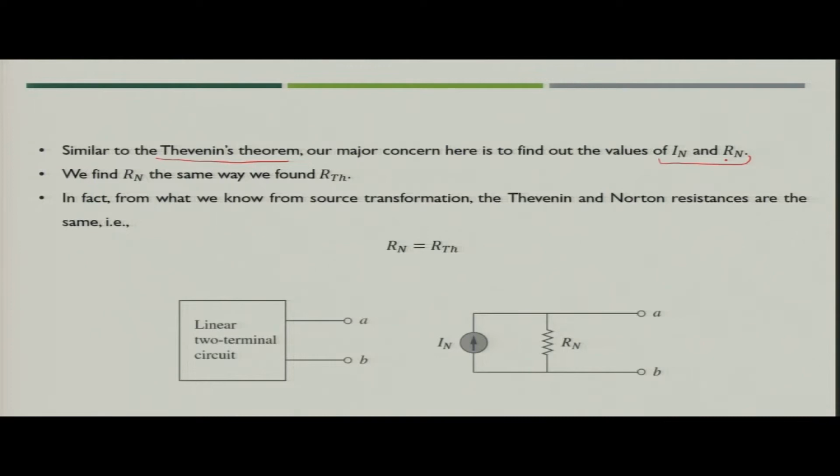Now let us understand Norton's theorem from the linear two terminal circuit. This is a known linear two terminal circuit, and we need to find the Norton's equivalent of this circuit at terminals A B. If you recollect Thevenin's theorem, the linear two terminal circuit can be replaced with its Thevenin equivalent.